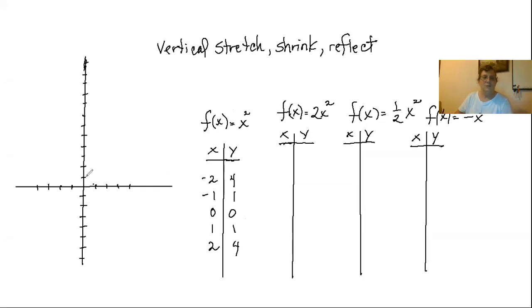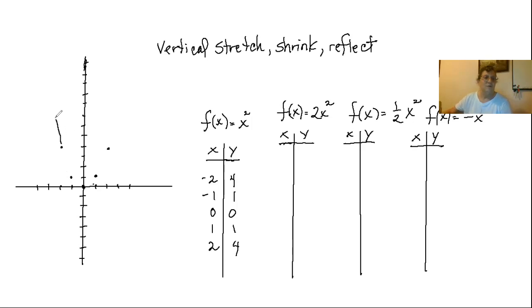This gives us the points 0, 0, 1, 1, and -1, 1, 2, 4, and -2, 4.